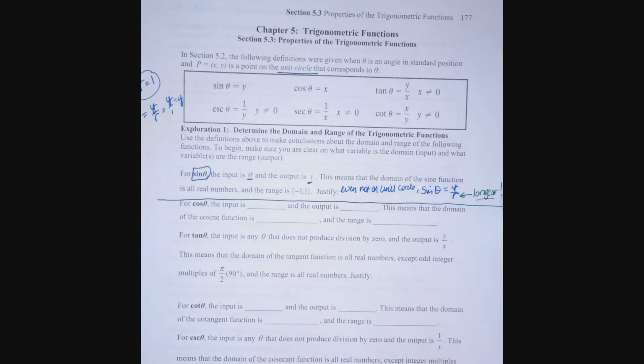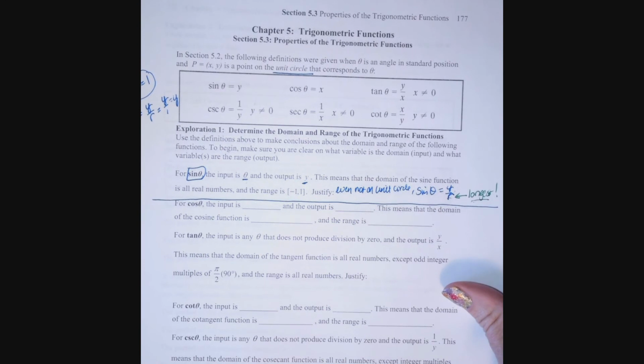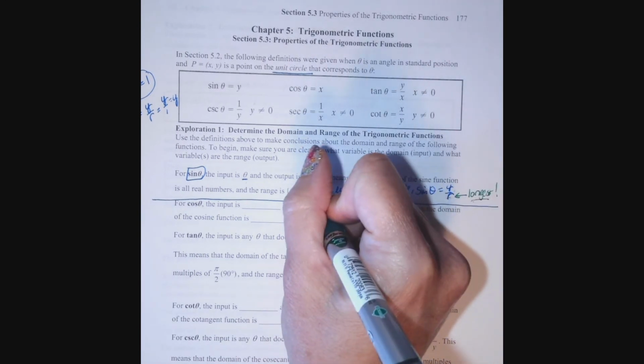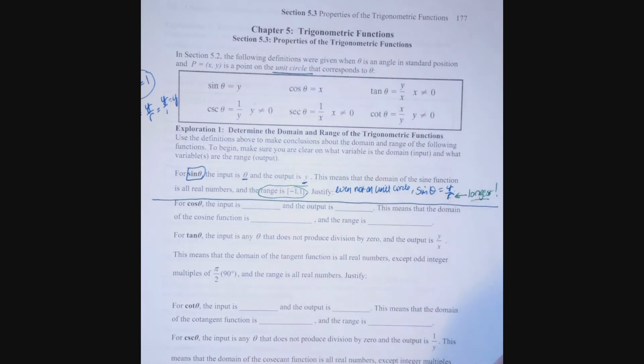Now, there's a potential that it could be equal to whatever y is, but r is always going to be at least that long or longer. So what I'm going to end up with is a value of y that has to be equal to r or less than r, which gives me that range value from -1 to 1, no matter what r is. This is true for the unit circle, but it's also true for any circle.